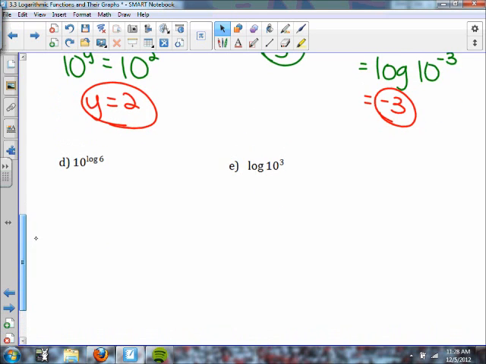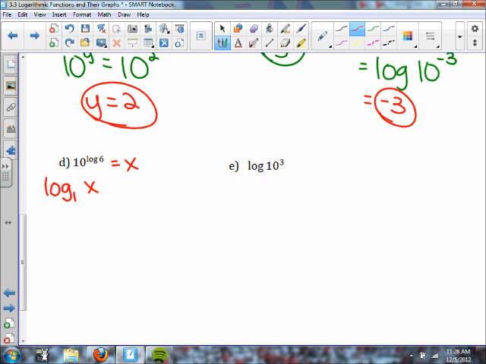Okay, now what we'll have here is 10 to the log of 6 will equal x. If we wanted to change this, we have log of x to the base 10 will equal log of 6 to the base 10, which means x will equal 6.